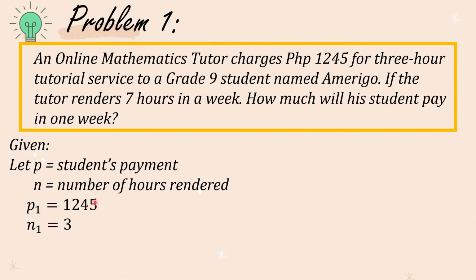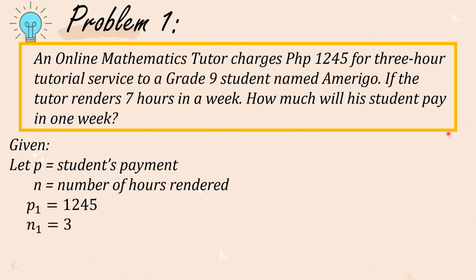So, sila yung magka-partner. The next one naman daw is if the tutorial renders 7 hours in a week, how much will his student pay in 1 week? If sa loob daw ng isang linggo, meron daw kayong natapos na 7 hours na session, magkano daw ang babayaran ng estudyante?